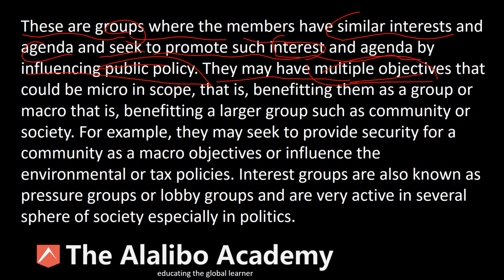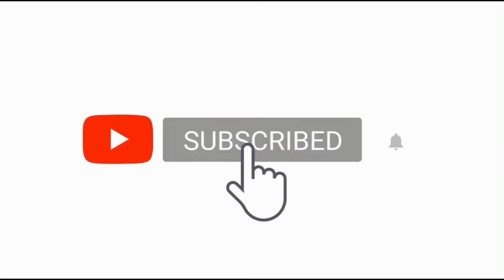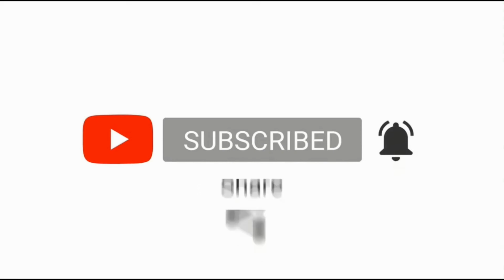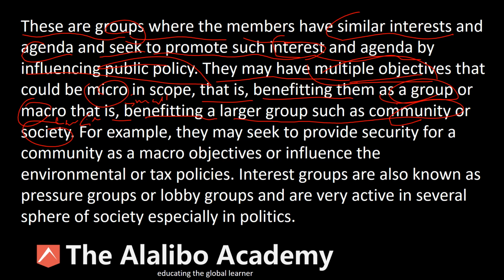Interest groups usually have multiple objectives that could be micro in scope, small, benefiting them as a group, or macro, which is large, benefiting a larger group such as a community or the society at large.